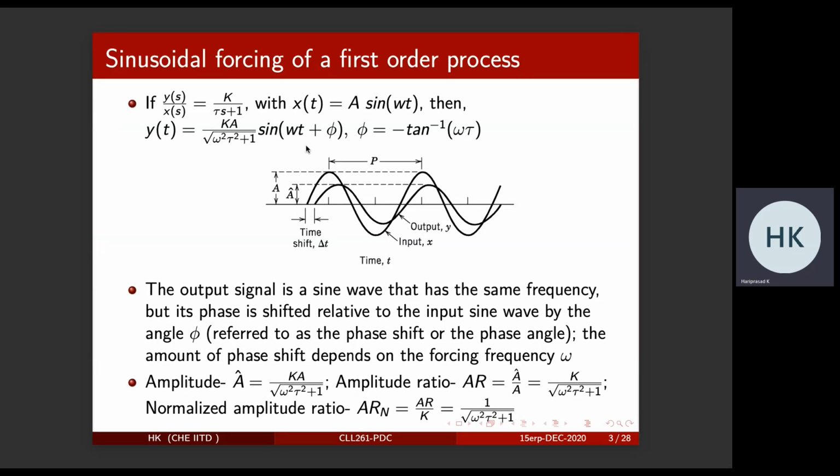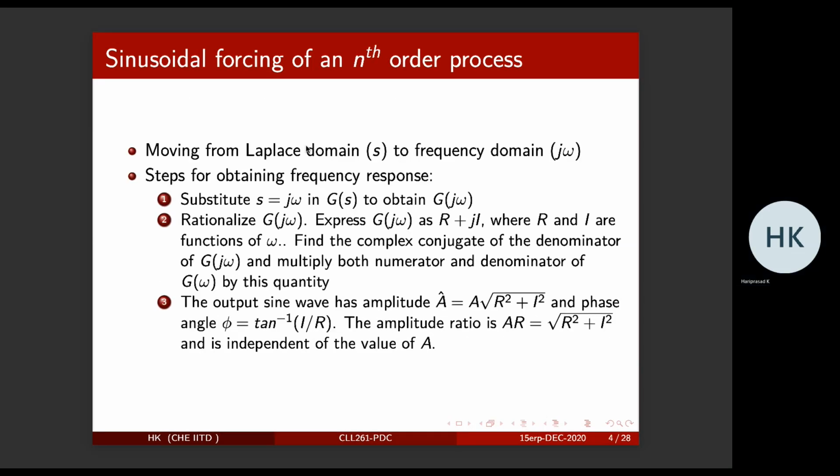Okay, we learned that frequency response is an alternate way to look at process characteristics, considering that inputs and outputs are based on signals. Okay, so the key aspect here is frequency, which essentially means that you will have to move from the well-known Laplace domain to the frequency domain.